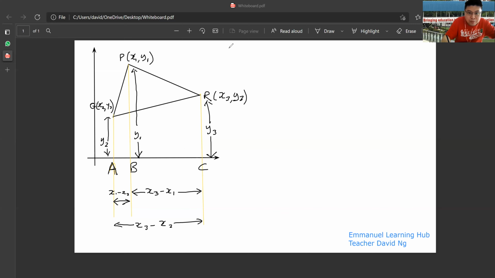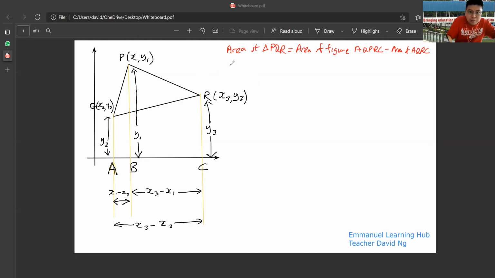So the area of figure AQPRC minus the area of trapezium AQRC.